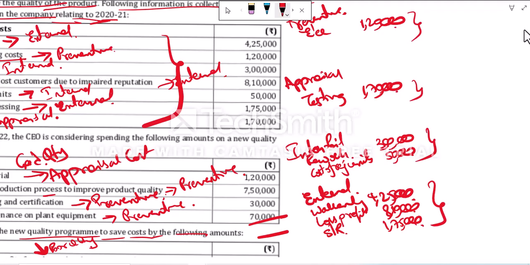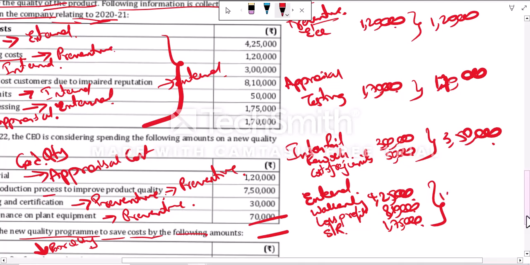Cost from each heading, each category: 1,20,000, 1,70,000, 3,50,000, and external failure 4,25,000 plus 8,10,000 plus 1,75,000, which is 14,10,000. How much total? 14,10,000 plus 3,50,000 plus 1,70,000 plus 1,20,000, which is 20,50,000.